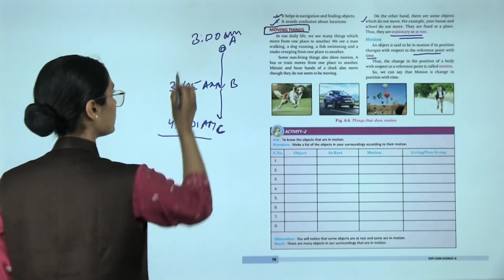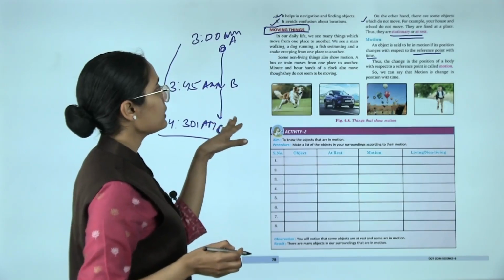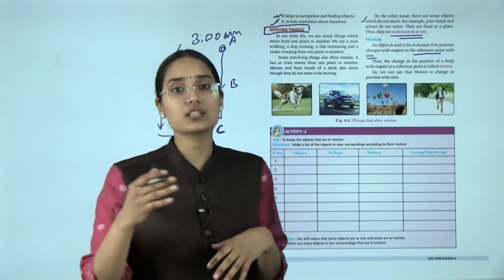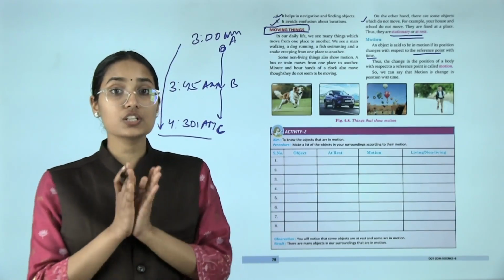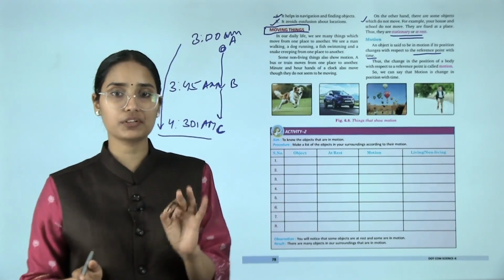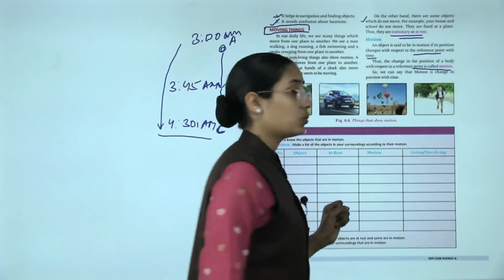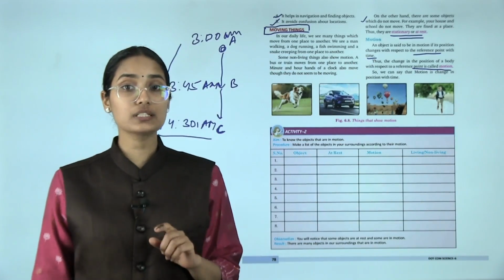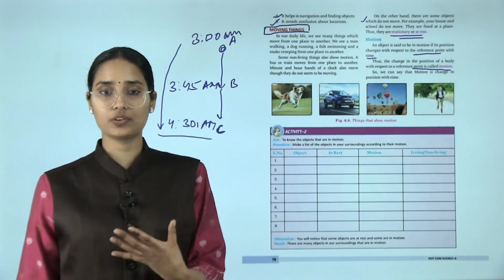So can you see the time has also increased, the time has also moved, and with that the distance was also covered. So this is motion. Thus the change in position of a body with respect to a reference point is called motion. So we can say that motion is the change in position with time, alright.